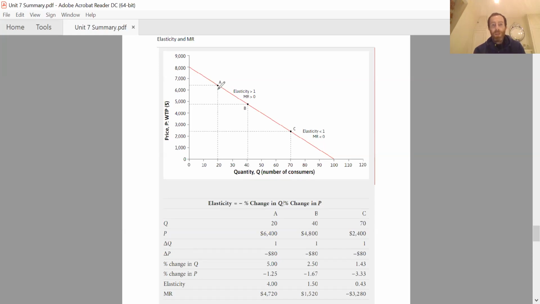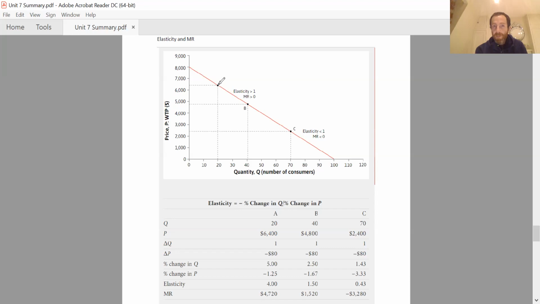So let's imagine we're at point A, where the quantity of consumers is 20. Let's think about moving to a 21st consumer, having one more consumer.